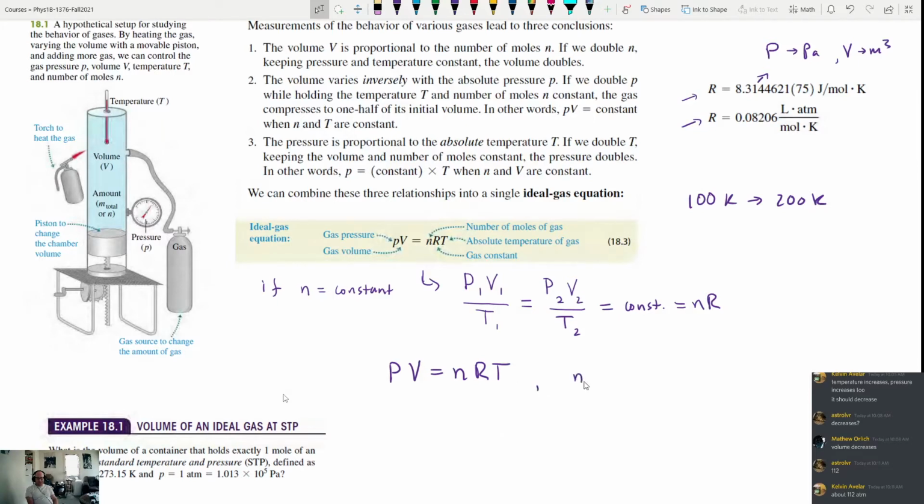And up above, the equation was that number of moles is equal to the mass of the substance divided by the molar mass. So if we plug that in here, PV is equal to little m divided by big M, RT.